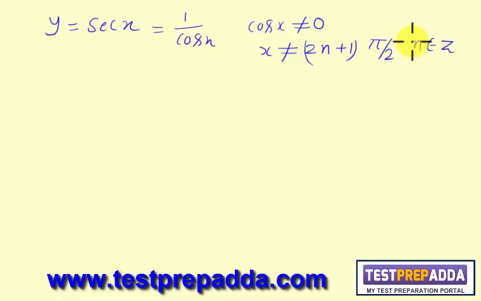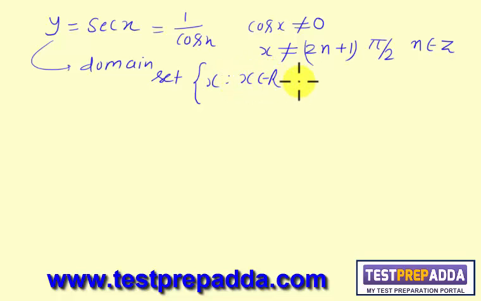Okay, so the domain of this can be defined as the set of x, where x belongs to R, and x should not be equal to (2n plus 1) pi by 2, where n belongs to integers.